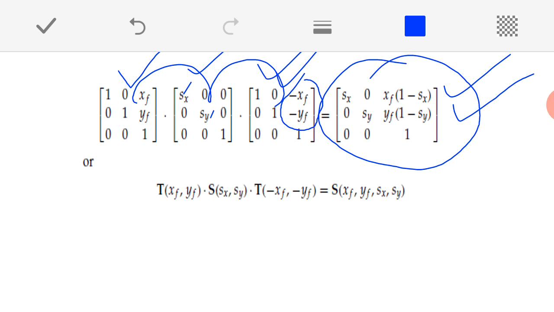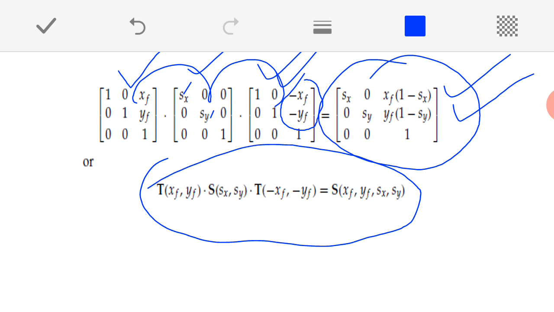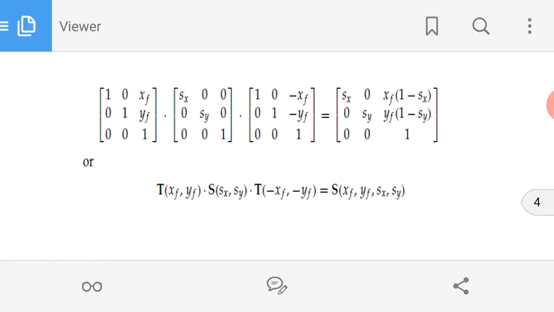The same notation that we have written in this particular format over here, where T of Xf Yf indicates the translation matrix 3 cross 3, and S of Sx Sy the 3 cross 3 scaling matrix, then once again translation T of Xf Yf, the retranslation matrix. So, look at the order also, just now I have already told how to write it from right to left. Okay. So, this is what you call scaling about a fixed point which is other than the origin.